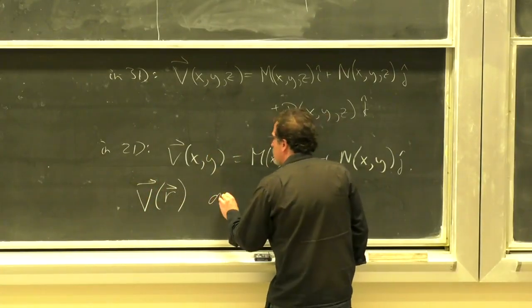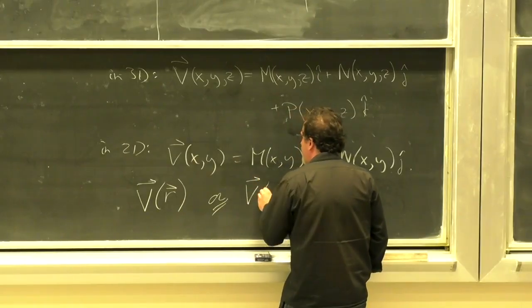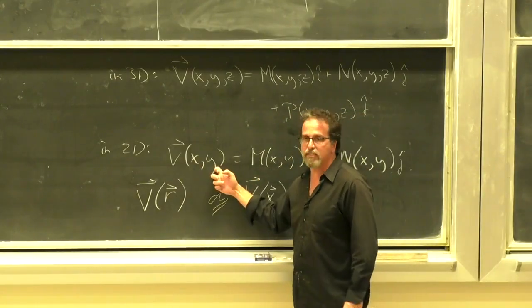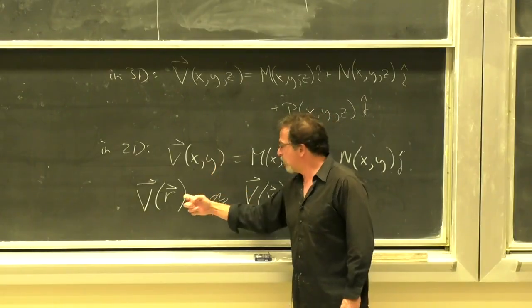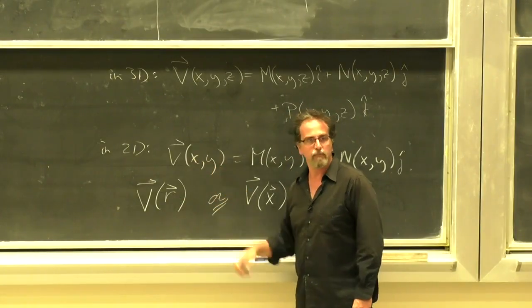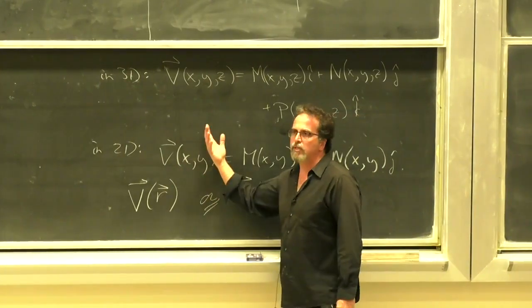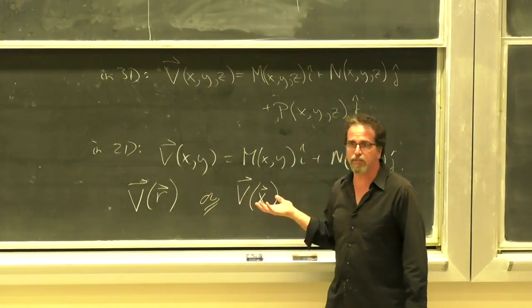Or you will see this as v of x vector, where this is simply a shorthand for x i hat plus y j hat. These are notational. These are commonly seen in different textbooks.